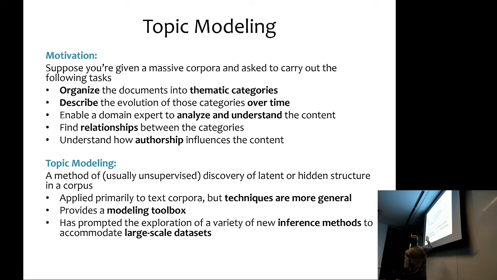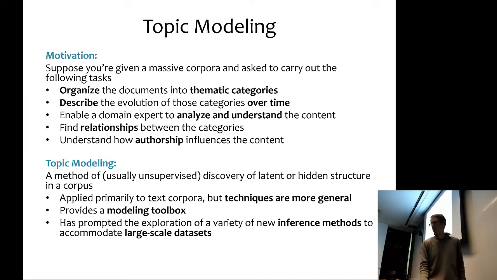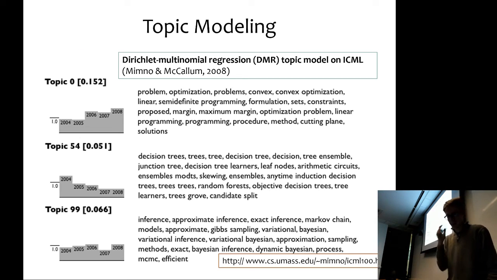And so really, topic modeling is providing a toolbox for modeling, and it's prompted the exploration of a variety of new inference methods and methods for accommodating really large-scale data sets.